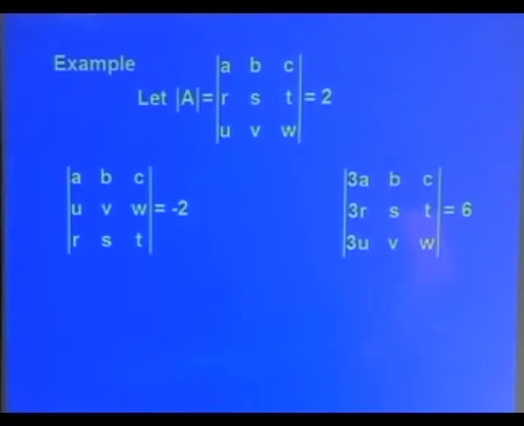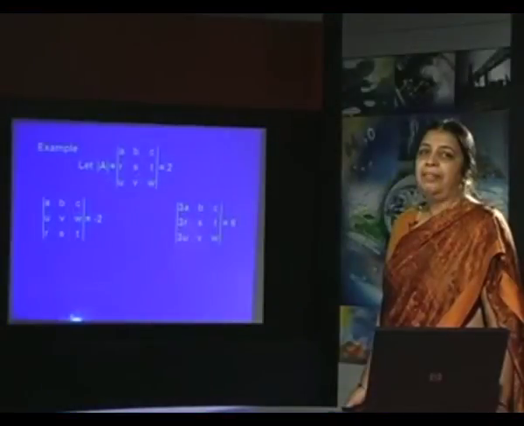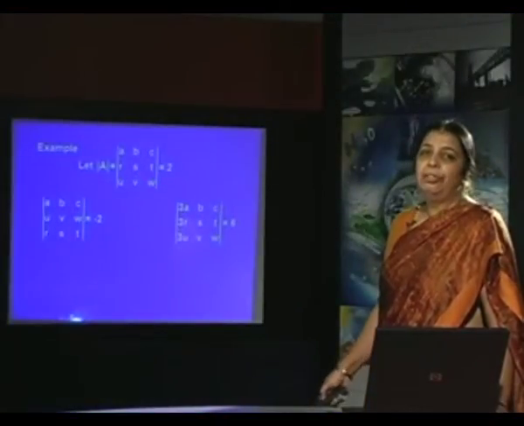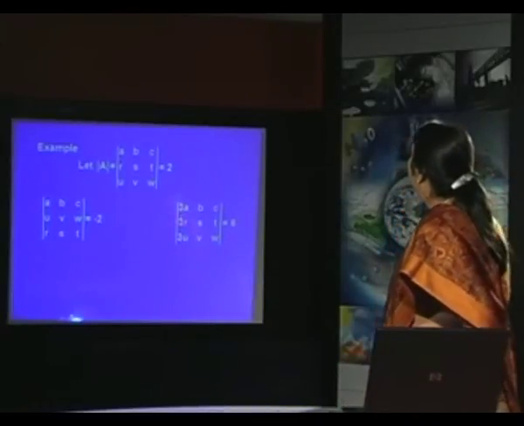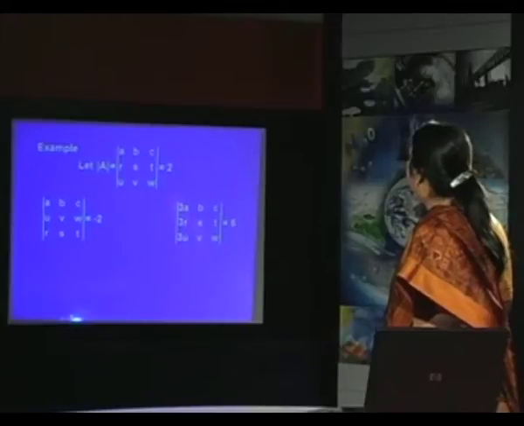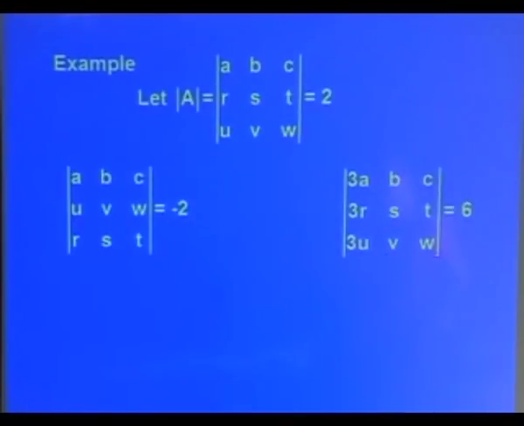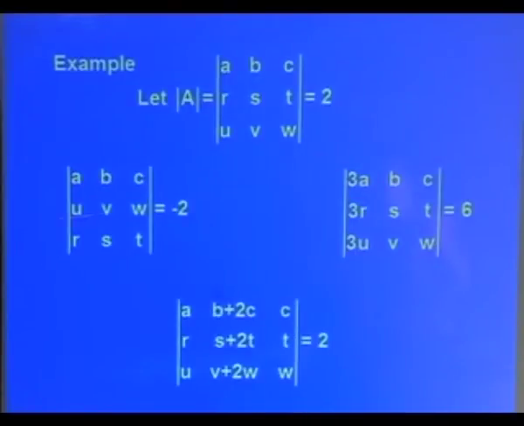Now, all these elementary row operations, all the results related with rows, are applicable to columns also. So, if I write down this determinant as 3a b c, 3r s t, 3u v w, that simply means that I am multiplying this column by 3.